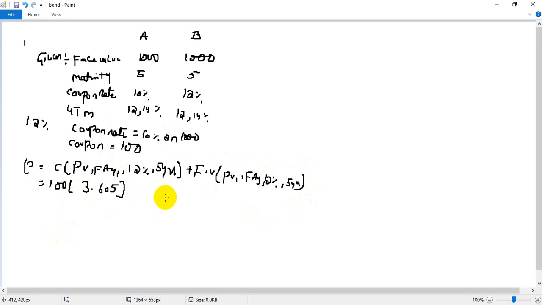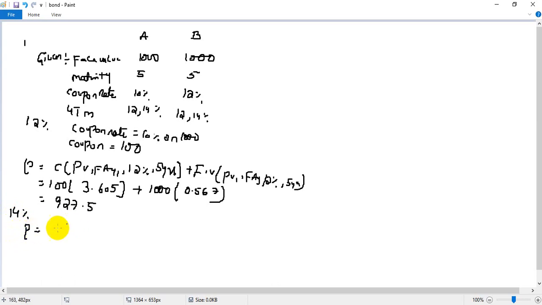I have already given you the table values also, just check. Face value will be 1,000, that is nothing but the principal amount. Here you need to refer to the A3 table, 12%, fifth year row. You will get 0.567. If you multiply it, you will get the answer 927.5.